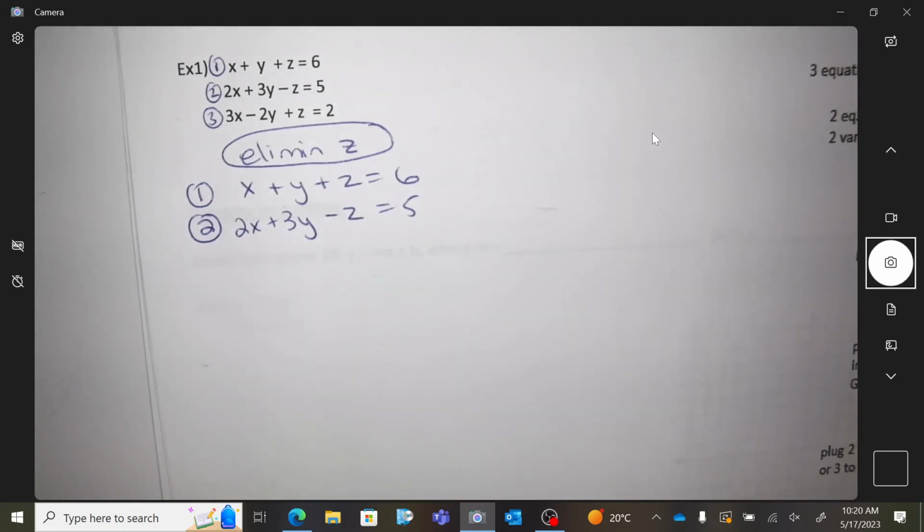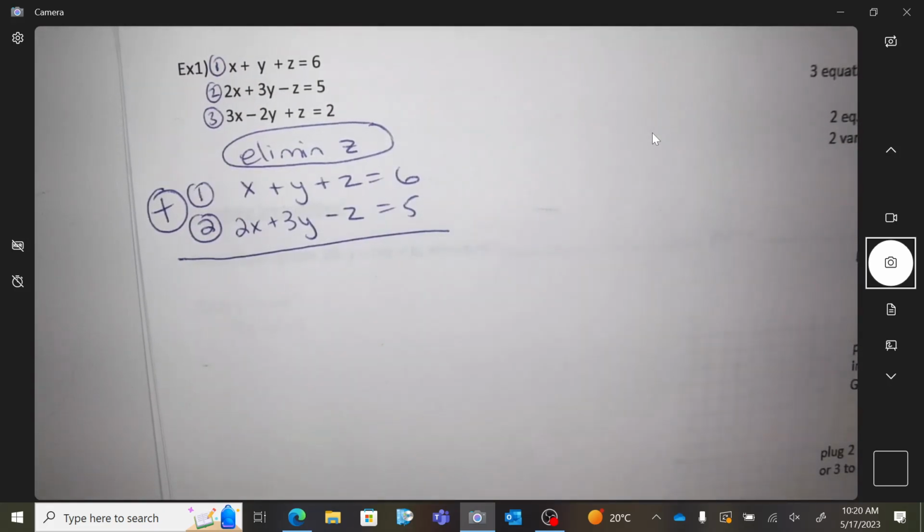Okay, so we're putting equation 1 and 2 together, and we are saying, hey, let's get rid of Z. Now when you look at it, would you add or subtract to get the Z's out? Add them together.